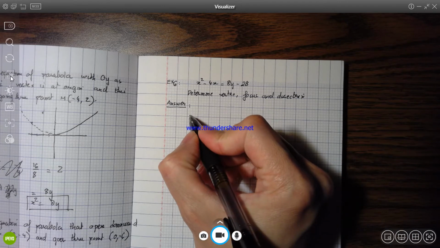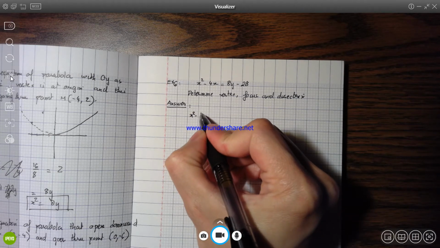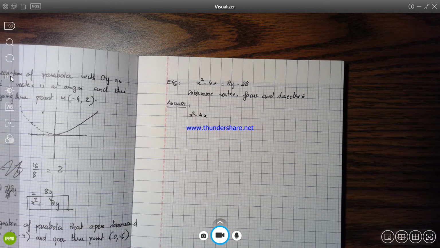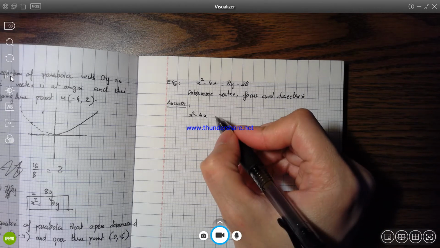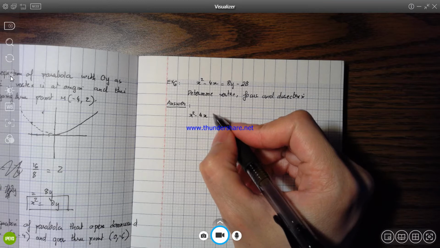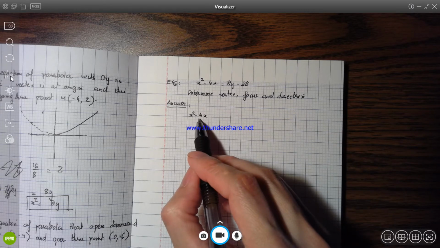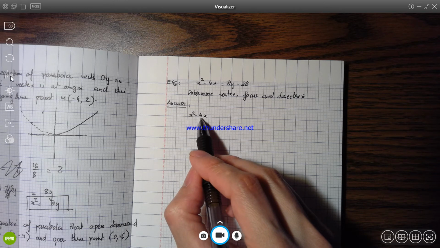So I'm going to bring all the terms with x onto the left hand side. Actually, it's on the left hand side already. And on the right hand side, we have 8y minus 28. You see that this is negative 4. So in order to complete the square, I'm going to take this, divide by 2, and square it.